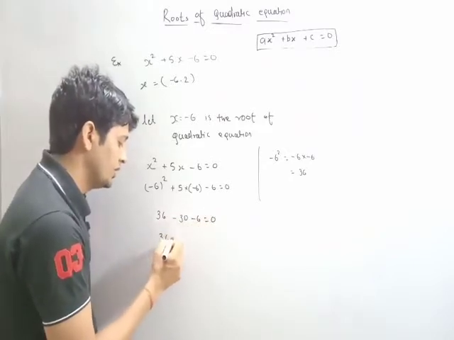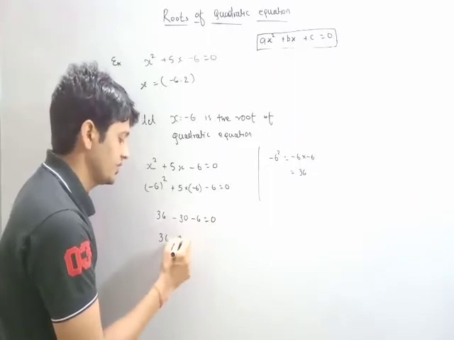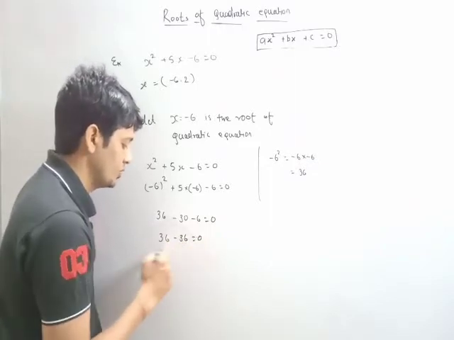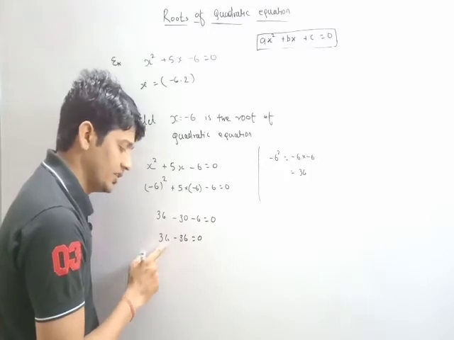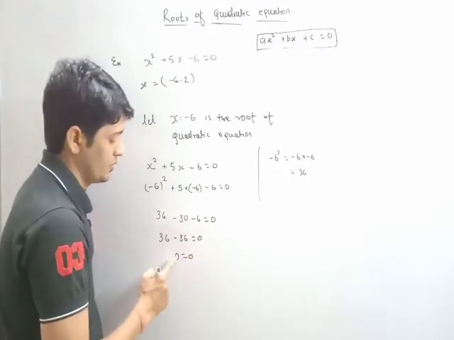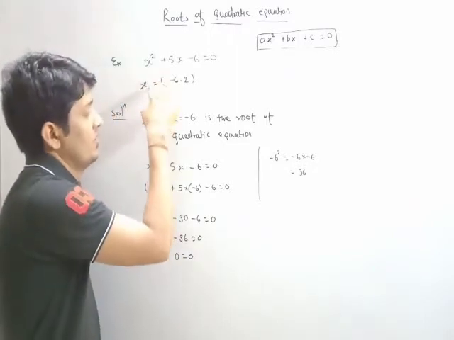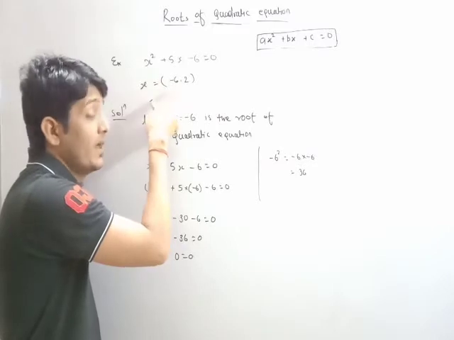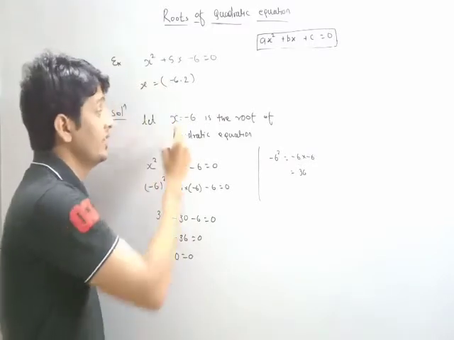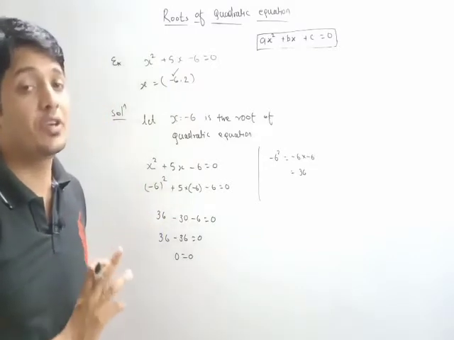So 36 minus 30 and minus 6, that is 36 minus 36, equals 0. We got 0 equals 0. So the value of the quadratic equation when x equals minus 6 is 0. That means minus 6 is a root of the quadratic equation.